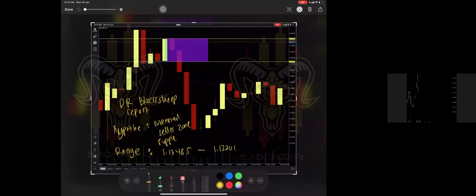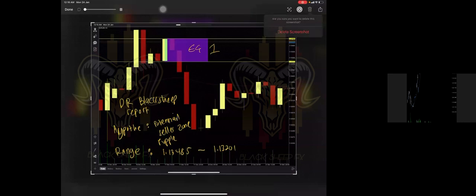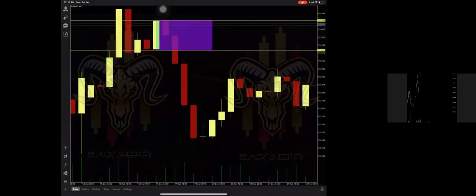So this is my hypothesis and my constant variable. Engulfing number 1. Okay. So I have done my first hypothesis.